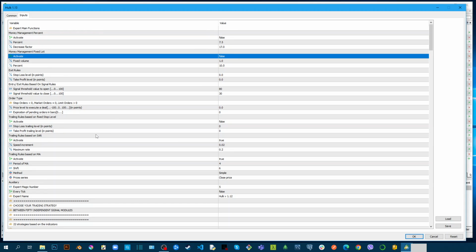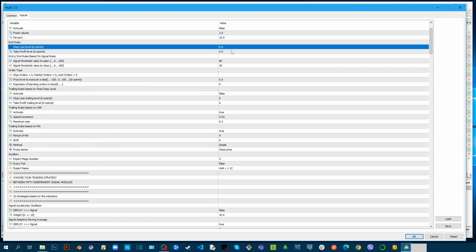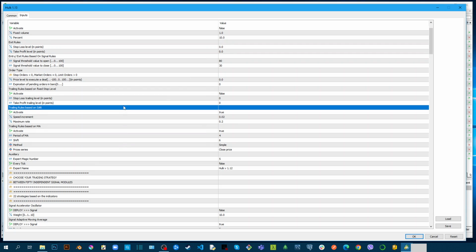Next input is exit rules. We have stop loss level and take profit level calculated in points. In this case I'm not using these two inputs, because I use entry and exit rules based on the signal rules.